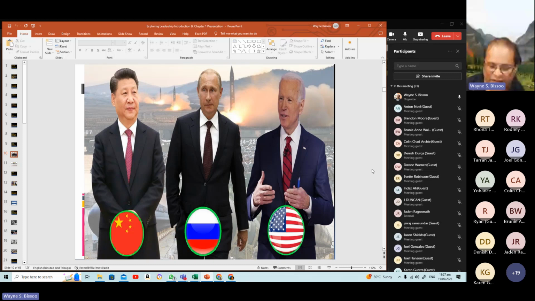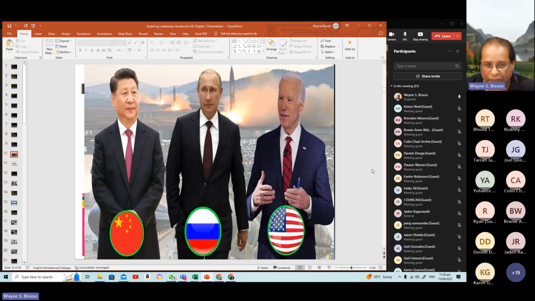But of late, China is threatening the US domination, and Russia, of course, is part of that whole thing because of their current situation in the Ukraine and so on, creating a lot of difficulties with the United States and with other countries as well. But primarily, the United States seems to be this adversarial nature.